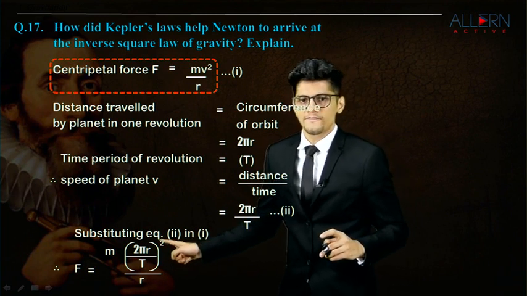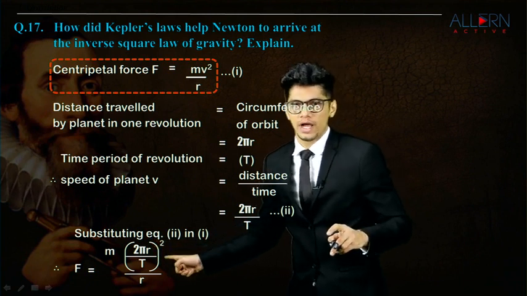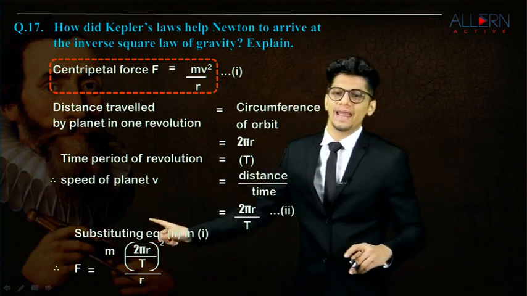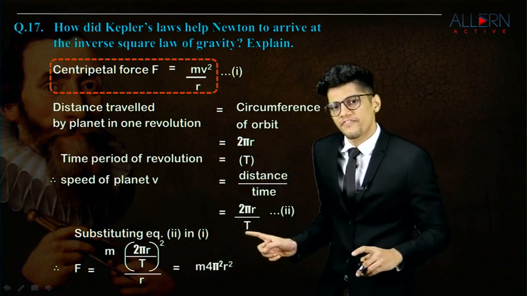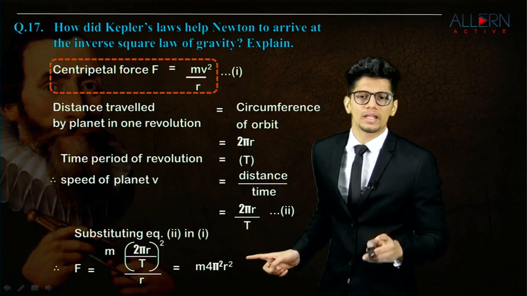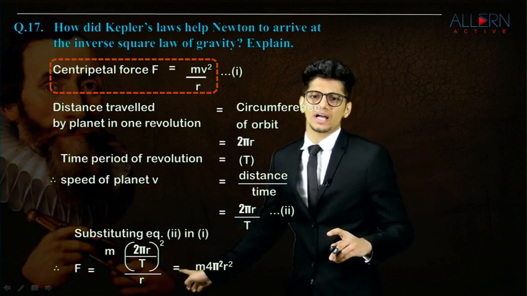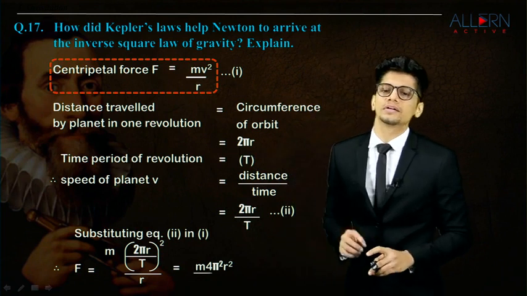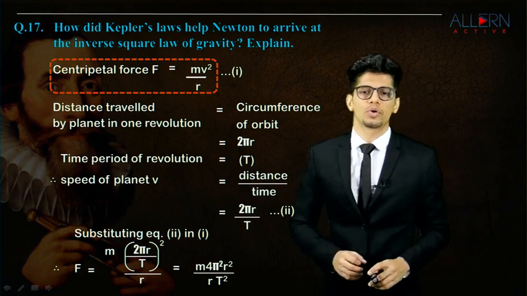So, we get 4, that is the square of 2, pi square, r square upon T square, and m and r remain as they are. So, what we obtain is m into 4 pi square r square in the numerator, and we have T square. This T square and this r will come together. So, we get T square r, or rT square, whatever you want to call it.